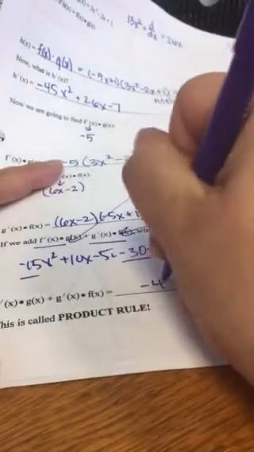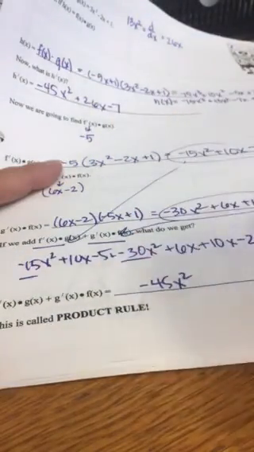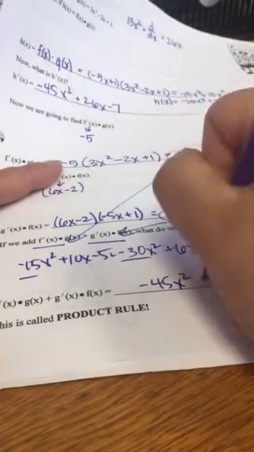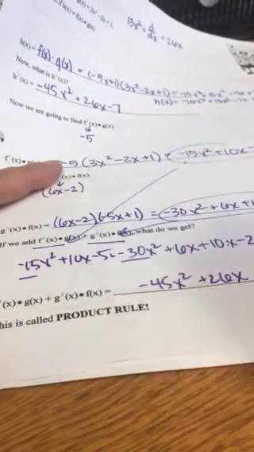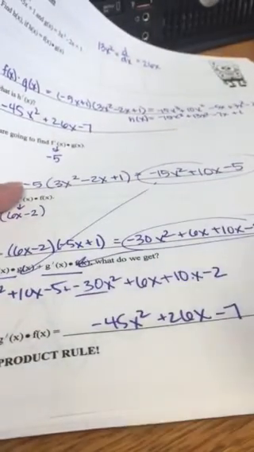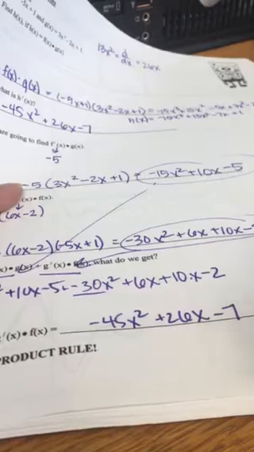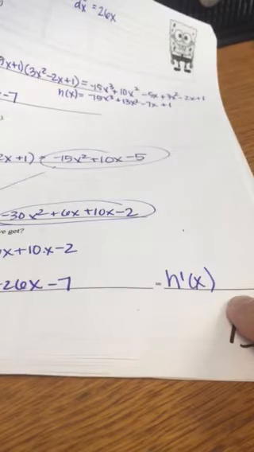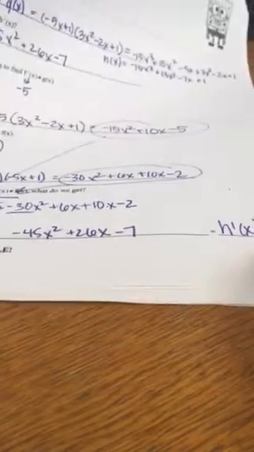Okay, so when I do that, I get negative 45x squared. What do we get? Plus 16x, minus 7. Ironically enough, this is equal to the h function derivative. All right, this is called product rule, and it looks pretty complicated, but there is a way to set it up so it's not so much.